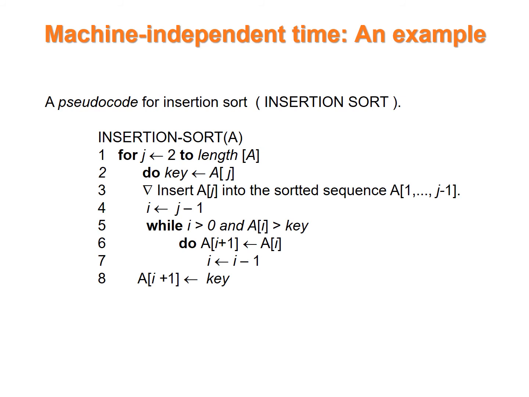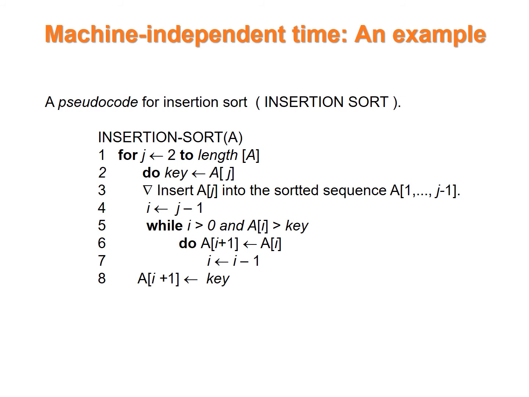Step 5: while i is greater than 0 and A of i is greater than key. Step 6: do A of i plus 1 gets A of i.